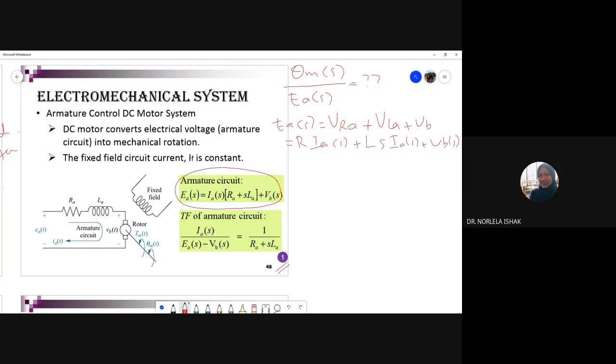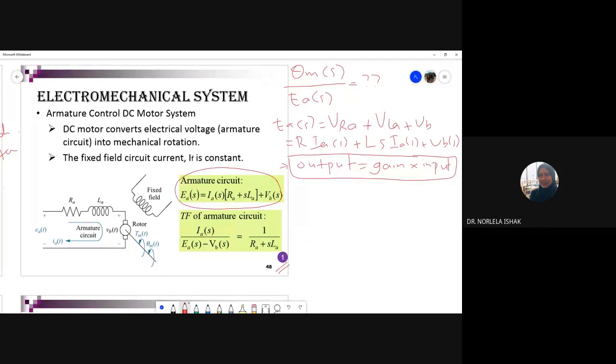Still remember the statement: output equal to what? Gain times input. Very good. You have to rearrange the equation until you meet this keyword: output equal to gain times input.